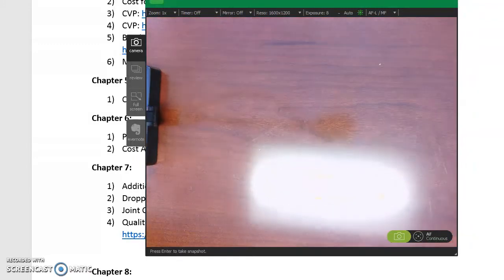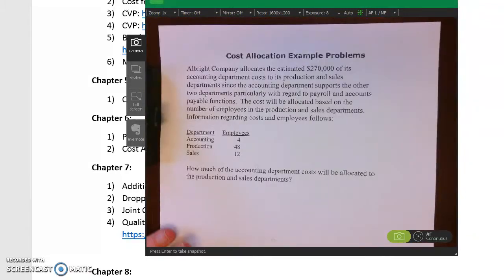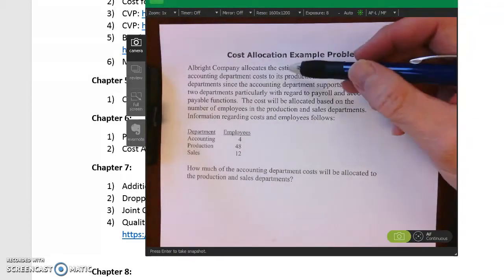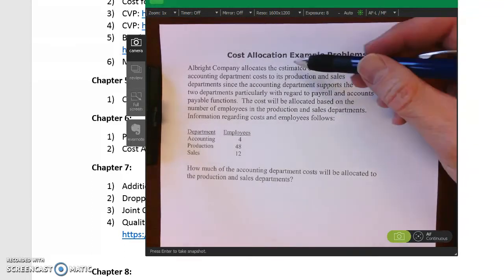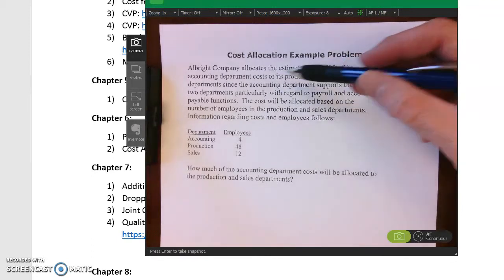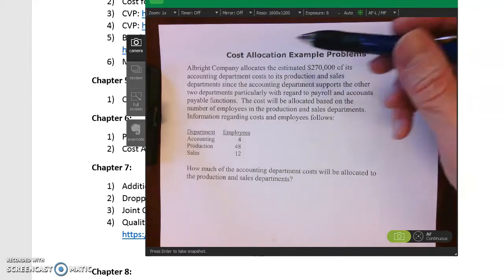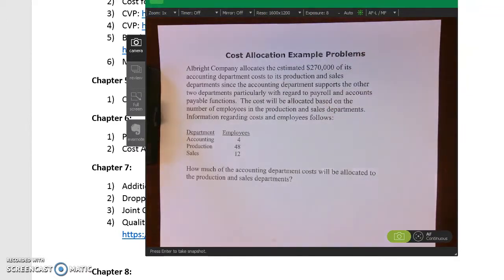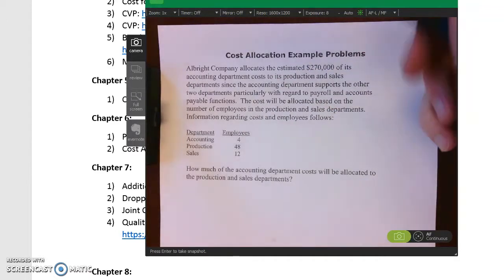Okay. Look at page 6 over here. So all right, we're going to start doing some computations with cost allocation. Okay. So this first one, Albright Company estimates allocating $270,000 of its accounting department cost to production and sales, since the accounting department supports the other two departments with regard to payroll and accounts payable. Okay?